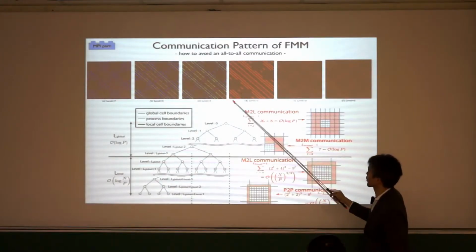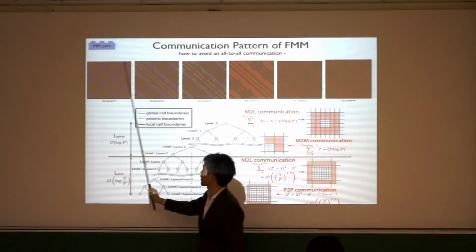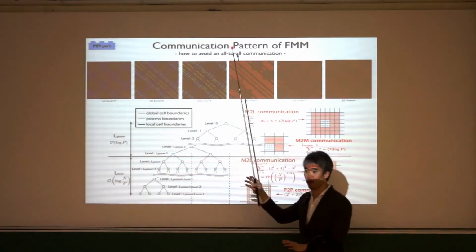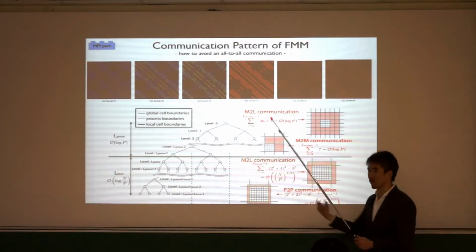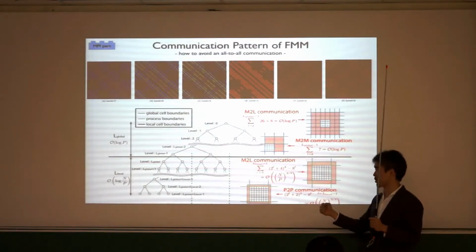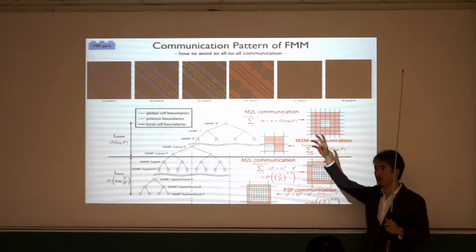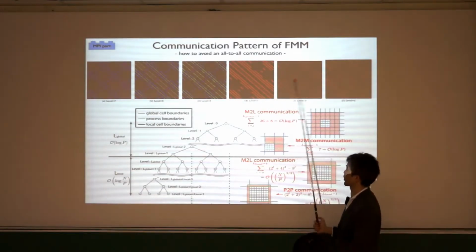And if you add all these colors, then it should fill the whole domain, because someone needs to send from somewhere. There's no 2 nodes that don't need each other's information at all. It at least needs something at the higher level of the tree. You can't get away with no communication between the 2 nodes.